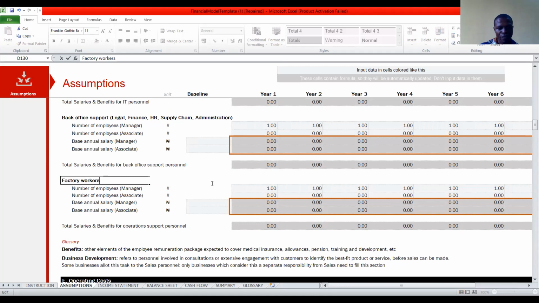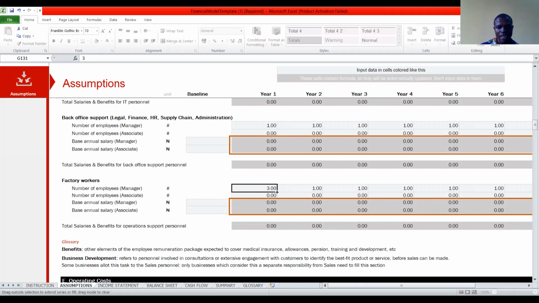So for your factory workers, he has three of them, and he's paying each of them 50,000 naira per month. How many are they? They are three. So come here, put three.